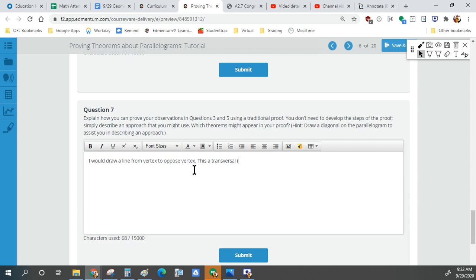Transversal meaning a line that cuts parallel lines. So just in case you guys forgot what a transversal was, that's what it is. A transversal is a line that cuts through parallel lines, making alternate interior angles, alt-int angles, congruent.